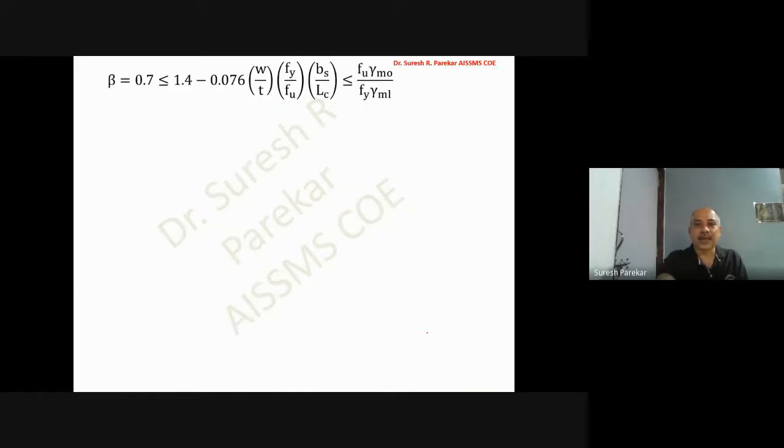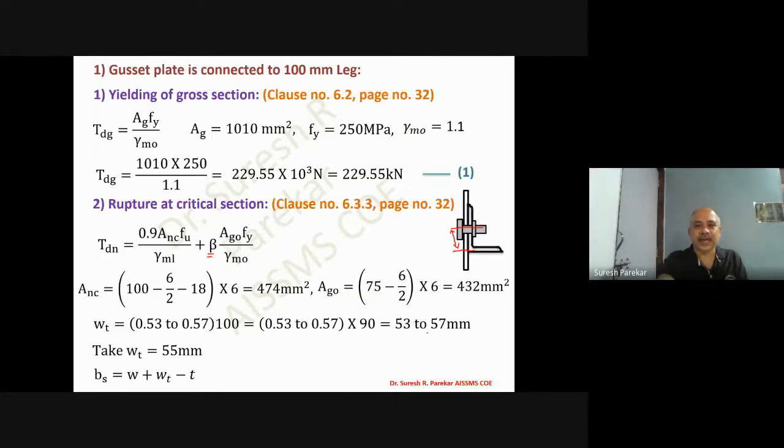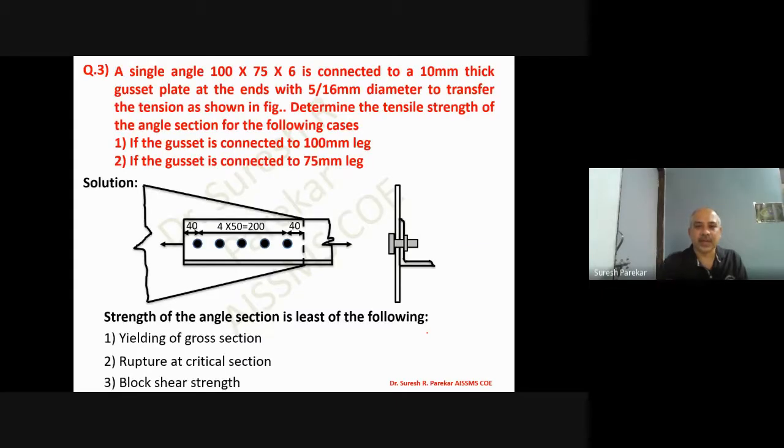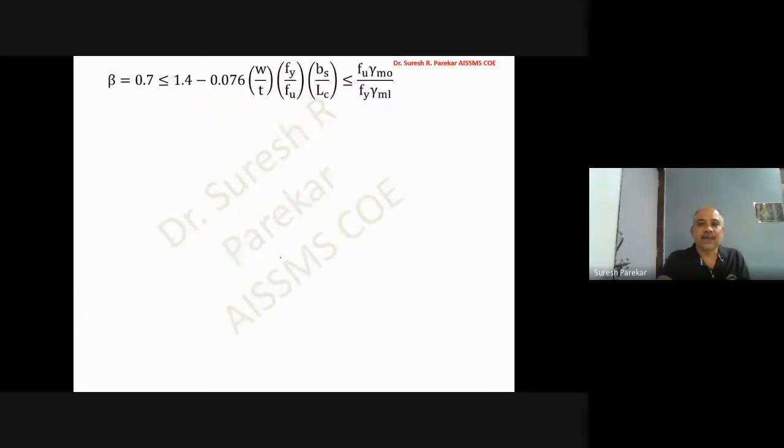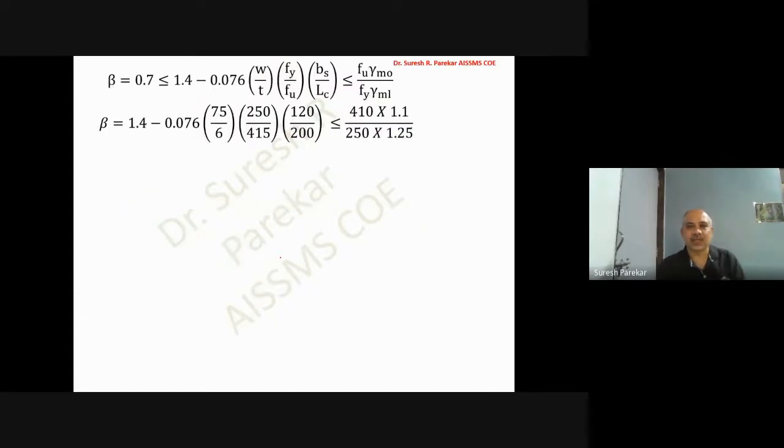Now the length of connection we know; if you see the diagram, you are going to get the length of connection, that is 4 into 50, and I will get the length of connection as 200 millimeters, the distance between the centers of the end bolts. So Lc is 200, and we will substitute in this equation: 75 we have, w_t 55, fy 250, fu 415, then bs 120, then Lc 200.